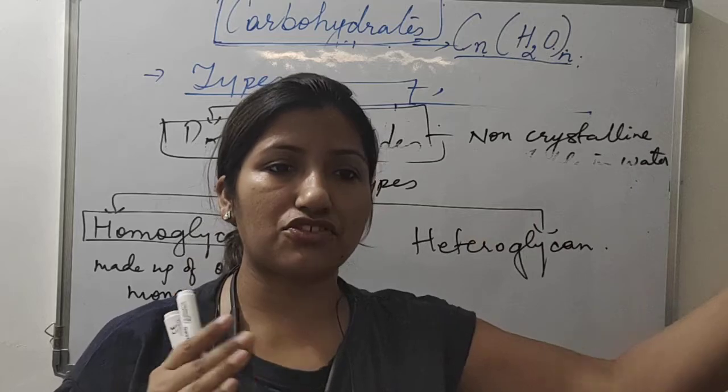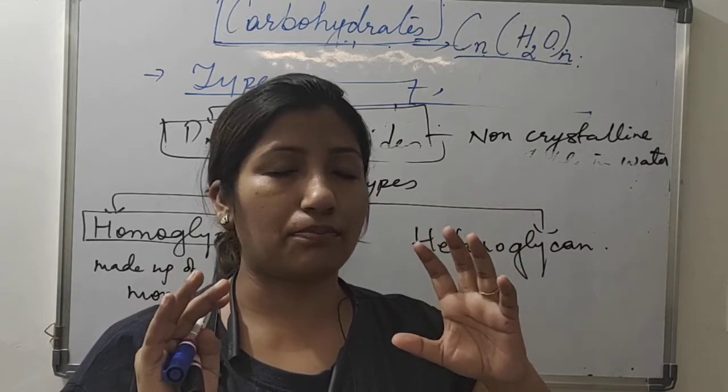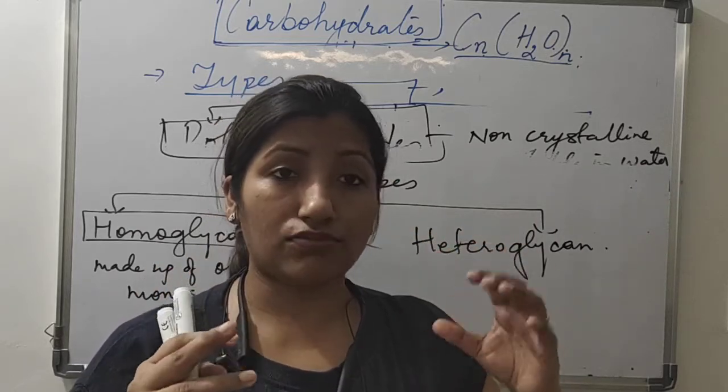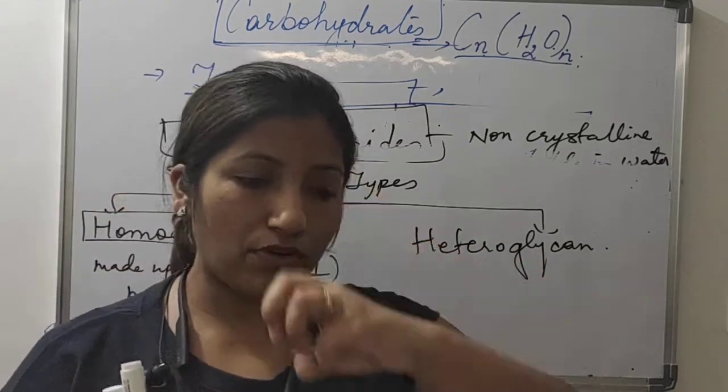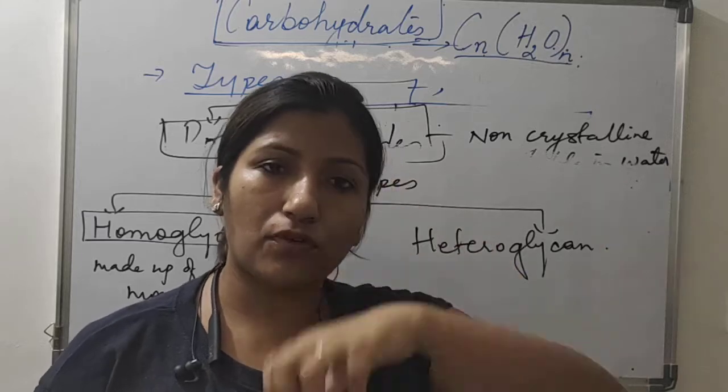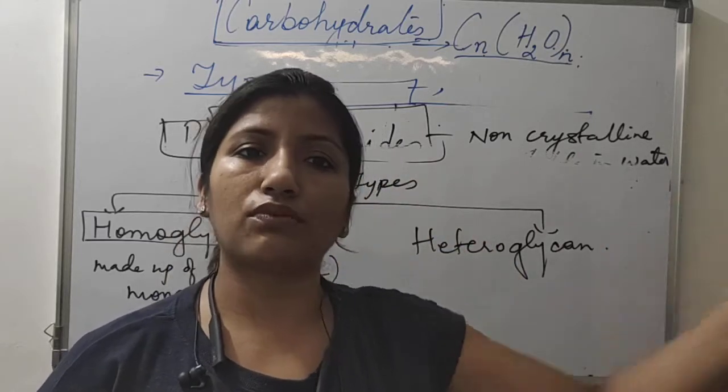Suppose 10 glucose units have joined together and formed a polysaccharide. That kind of polysaccharide is a homoglycan, where it is made up of only one type of monosaccharide, only glucose.